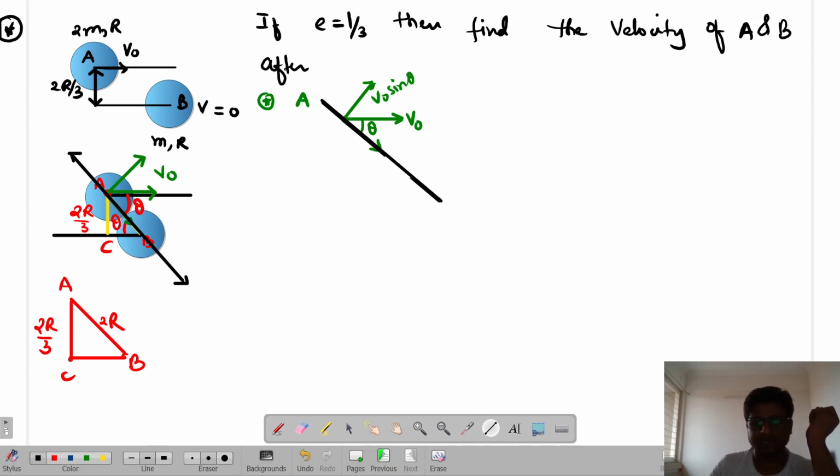So the velocity of A along the line of impact is known to us, which is V0 cos theta. But along the line of impact, the velocity of B is how much? 0 before the collision.